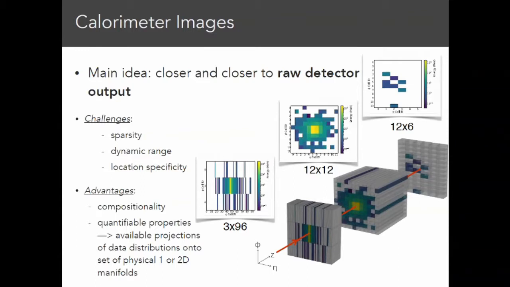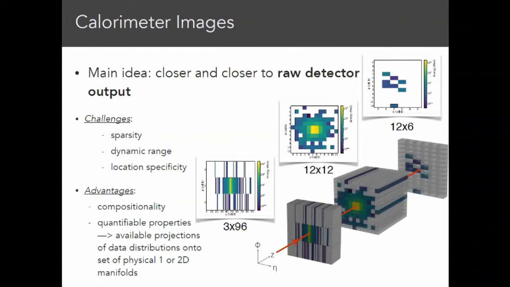Inputs can span many orders of magnitude. And there's a certain degree of location specificity, so shifting pixels actually changes fundamental physical qualities and properties of these images. This gets us closer to raw detector data, which is something nice. And this is another theme from Ben's talk this morning, which is people are moving closer and closer to raw inputs, allowing ML algorithms, in particular deep learning algorithms, to shine there.